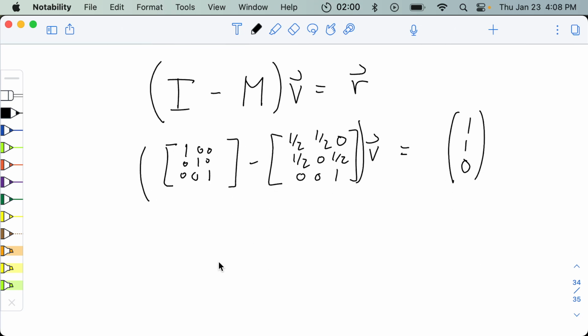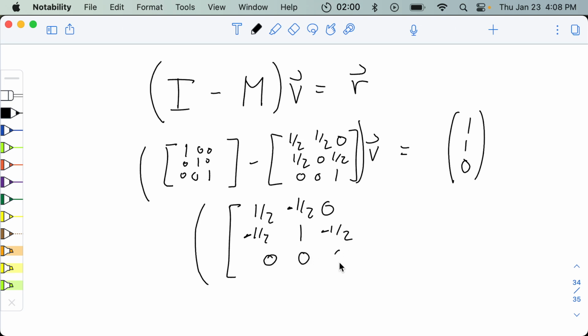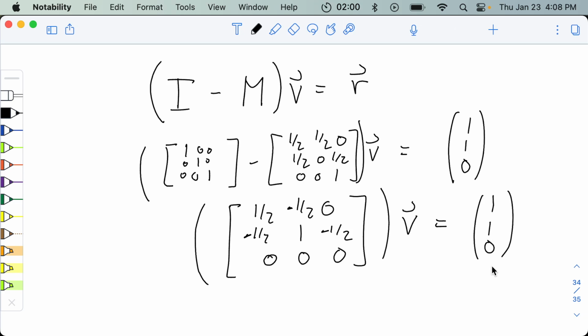And if you do this, you're going to see it is 1 half, minus 1 half, 0, and then minus 1 half, 1, minus 1 half. And you get this annoying row of all zeros. So this is how you would write the equation in a computer, converting it so that it's in the form A times X equals B.